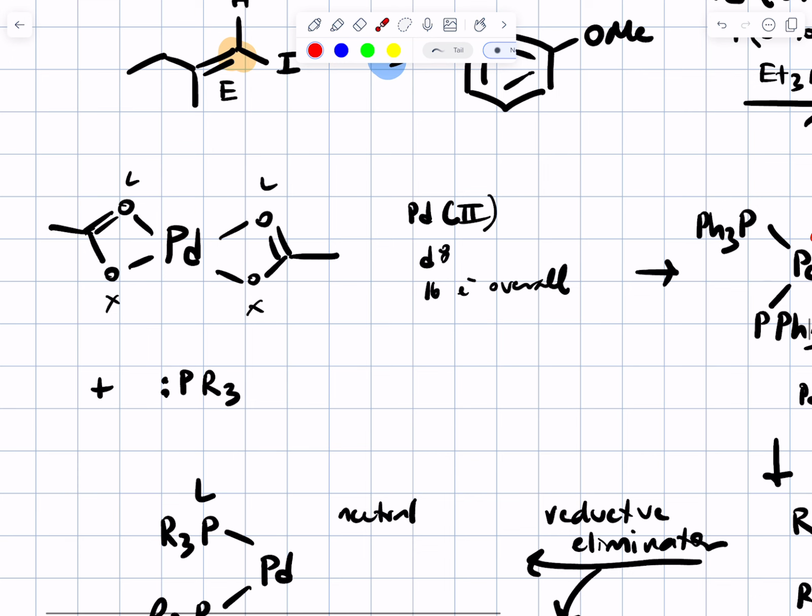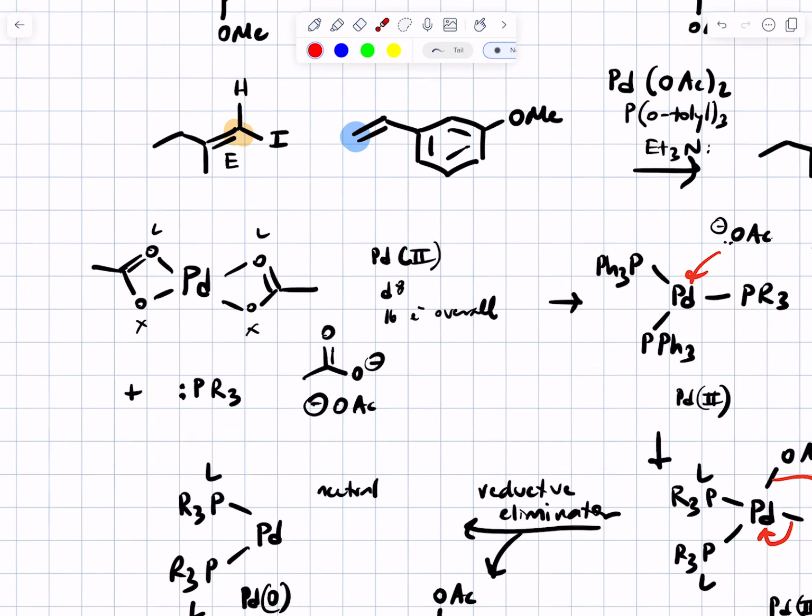These acetate ligands, if they left, would leave as the conjugate base of acetic acid, or OAc minus. So each of these is a bidentate ligand. It binds to palladium at 2 sites, but overall they are X-type ligands because if they leave, they're negatively charged. The complex is neutral. That means it's palladium 2. It's a d8 complex with 16 electrons overall.